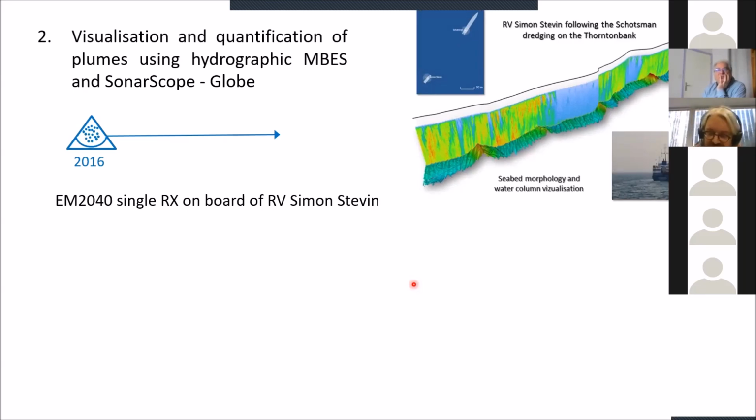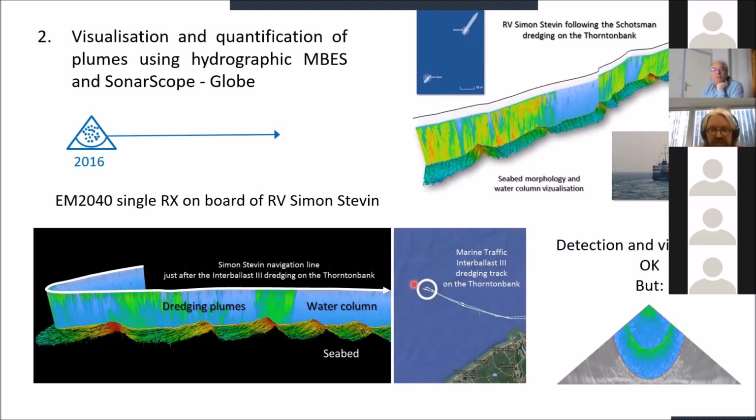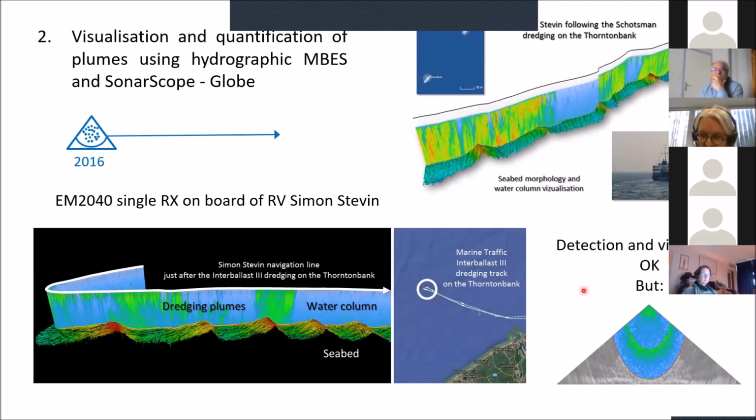We followed a couple of ships on the Belgian continental shelf, and we got some nice results. We see things happening in the water column. The first result is, okay, we can detect the sediment plumes in the water column. But as you see in the small window on the bottom right, we have some artifacts, some questions that arise: interference, noise, and so on. But we will talk about that later.